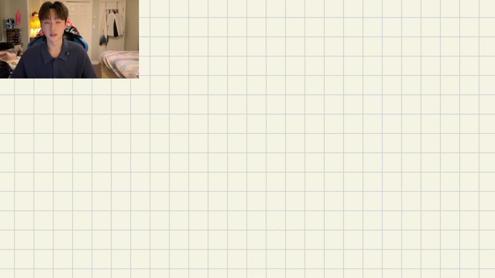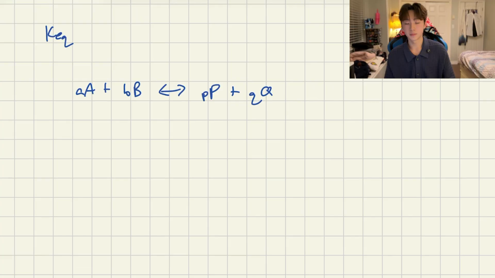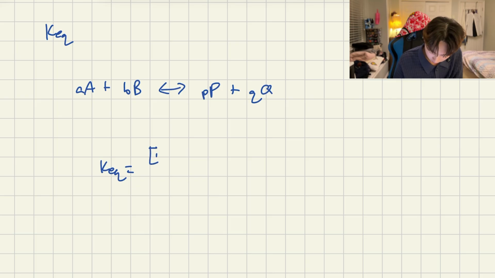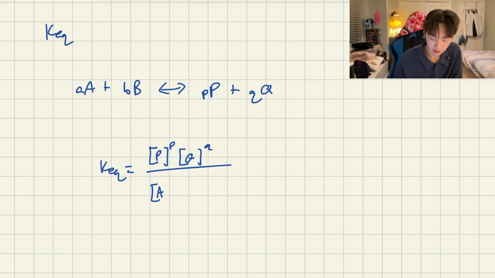Finally, let's look at what's called the equilibrium constant, KEQ. And in a reaction, let's say this reaction, where the small letters are the coefficients, the KEQ is the concentration of the products to the power of their coefficients over the concentration of the reactants to the power of their coefficients.